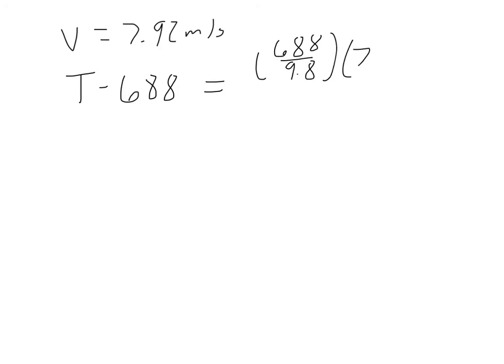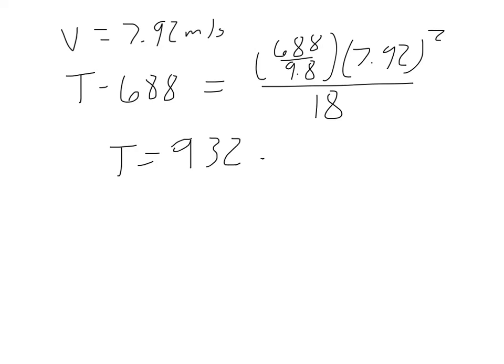The velocity is 7.92 squared divided by the radius, and the radius is the length of the vine. So the radius is 18. We end up getting a tension equal to 932.61 newtons, which means that the vine will not break.